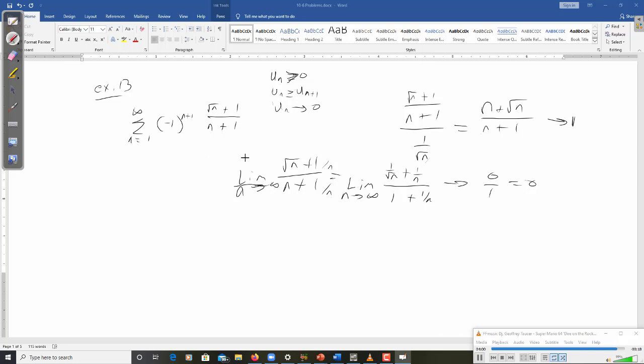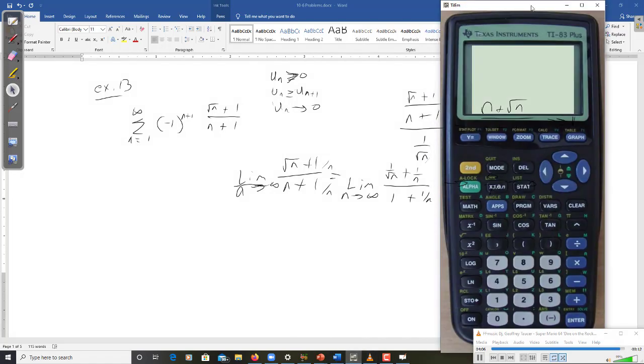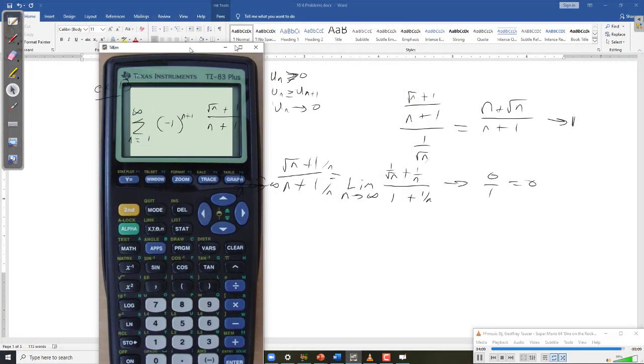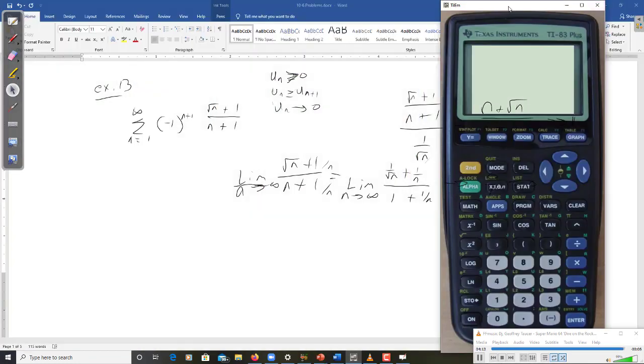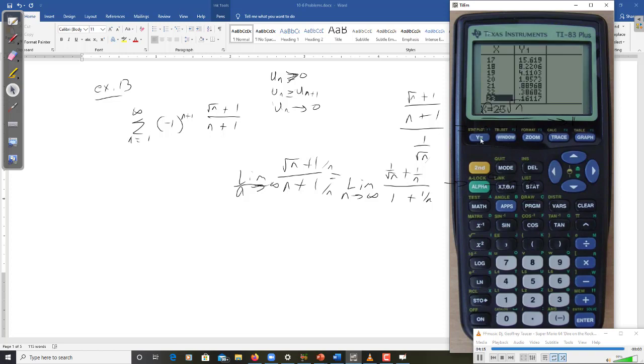If you're not certain, again, what you do is you graph it. Graphs are great for getting an idea of the behavior of a function. So if we plug in y equals the square root of x plus 1. I did forget to put parentheses around the top, so I have to go back here and insert one.